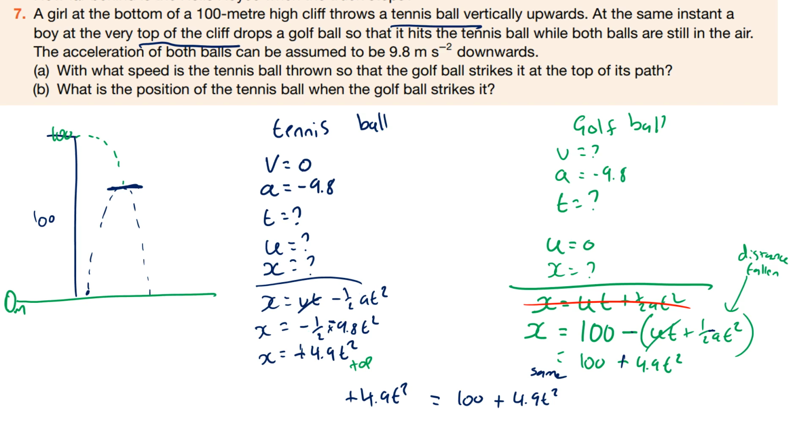Wait, hold on. Sorry, I've made a mistake. Let me see, where's the mistake? I've got a mistake with these negatives here somewhere. That's going to be plus half at squared. So that's going to be a negative. Negative times negative makes it positive. I did this before and it worked.